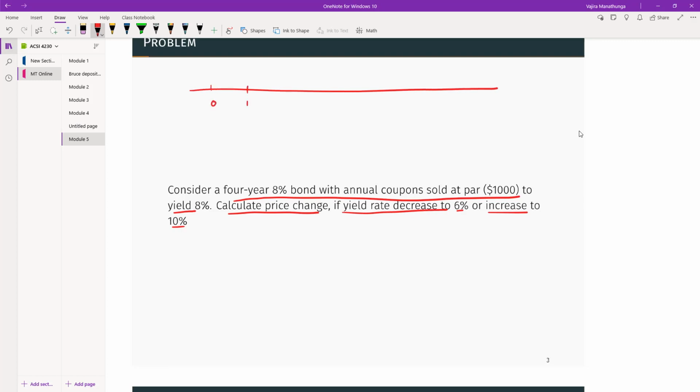So we have this timeline, and here the time is 4 years. Sold at par, so the maturity value is 1,000, and the coupon is 8%.